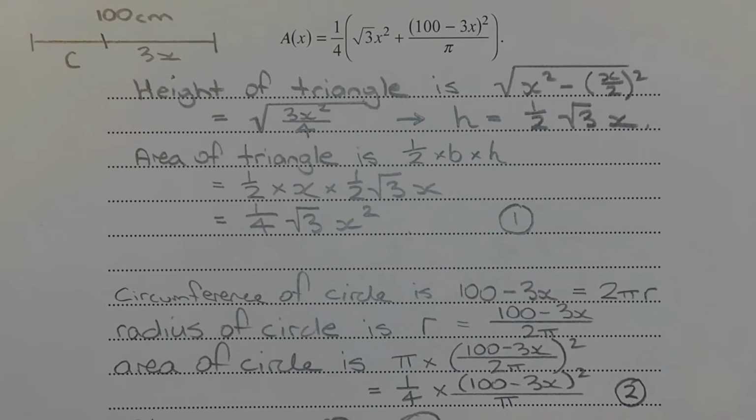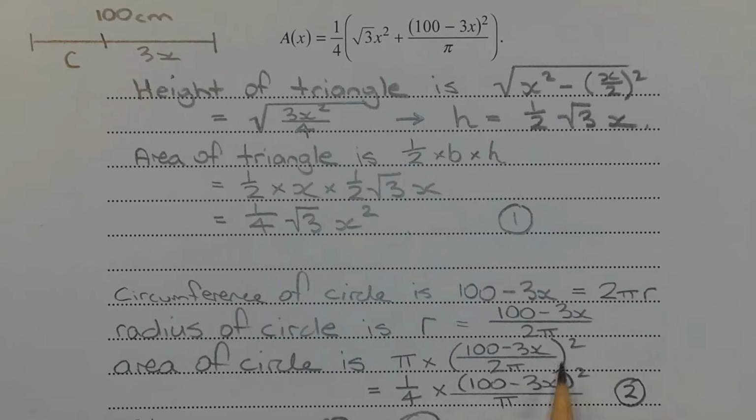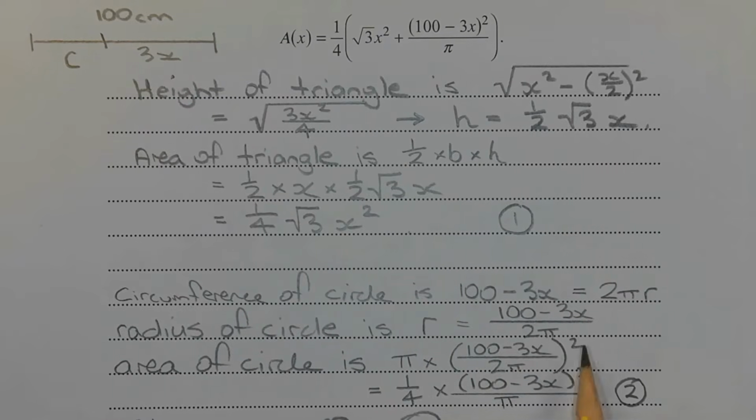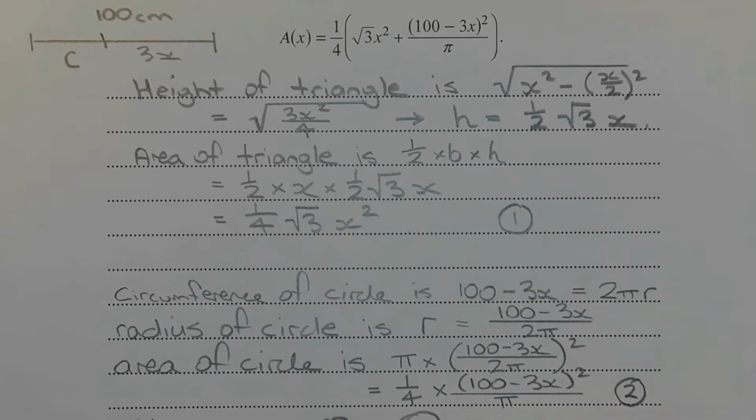To find the area of the circle, we use the formula area equals pi r squared. So we have pi times the radius squared, so that's (100 minus 3x) over 2 pi, all in brackets, squared. Now the 2 pi in the denominator, if we take it outside of the brackets, becomes 4 pi squared.